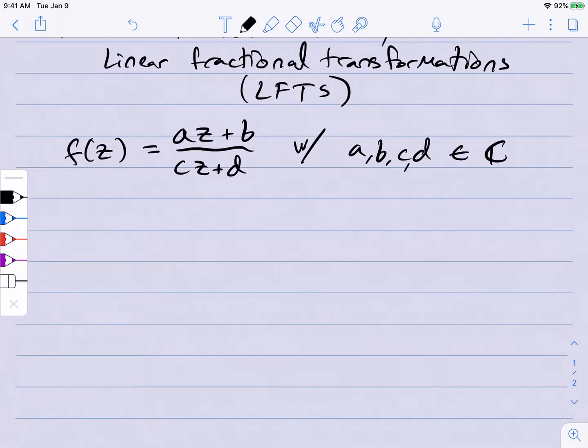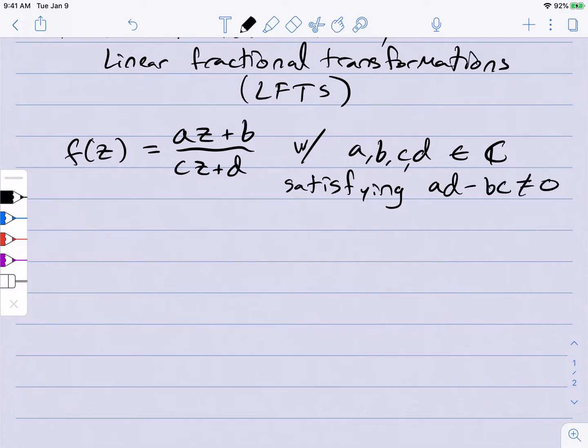However, there's one restriction. We also want to enforce the fact that ad minus bc is not equal to 0. Okay, so that seems a little mysterious at first, but we'll see why it's important in just a minute.